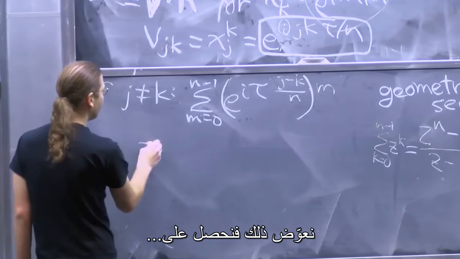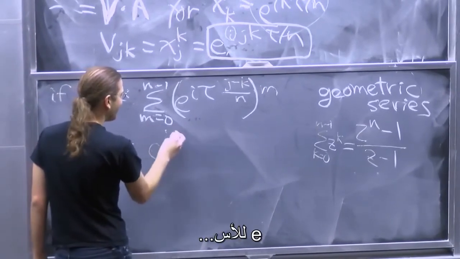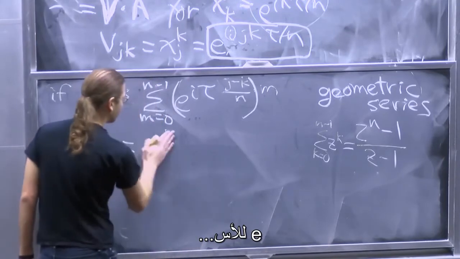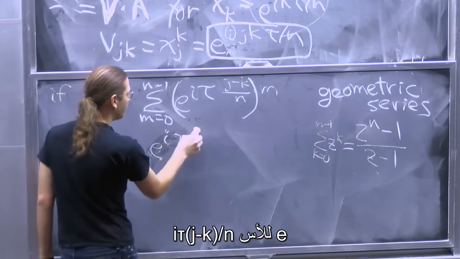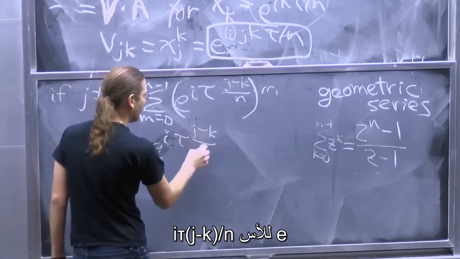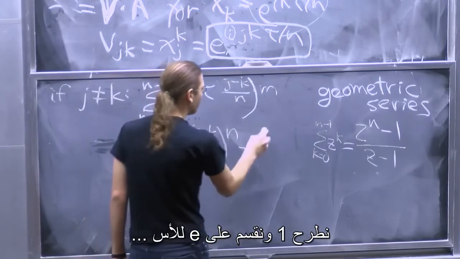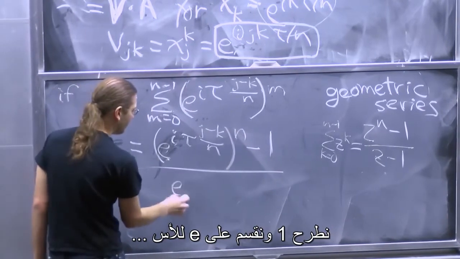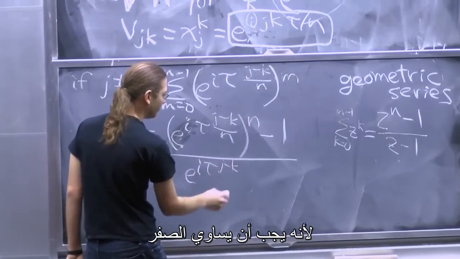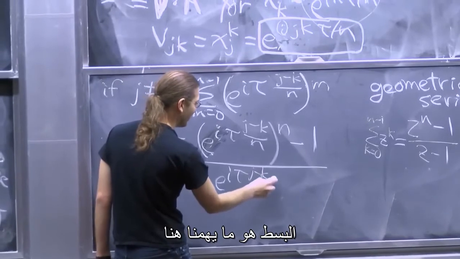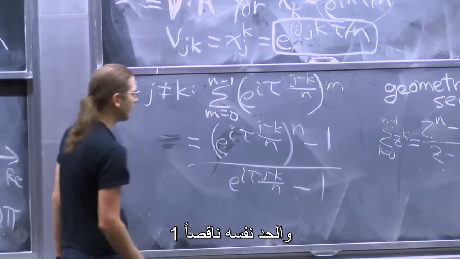So we just plug that in, and we get e to the i tau (j minus k) over n, to the nth power, minus 1, over e to the i tau (j minus k) over n, minus 1. Actually, the denominator doesn't really matter because this is supposed to be 0. So it's all about the numerator.